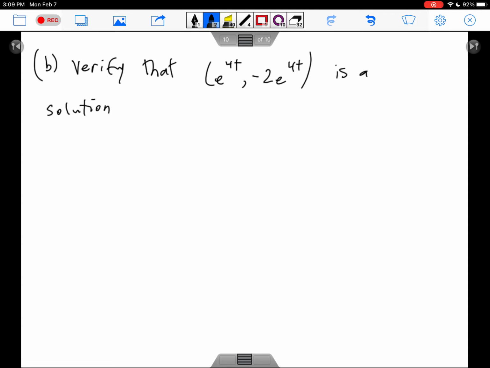Verify that e to the 4t comma -2e to the 4t is a solution to the system. So how do we check that that is a solution? Remember, we have to take the derivative. It's a differential equation, right? The derivative appears in there, so we need to replace the functions and also the derivatives into the system.